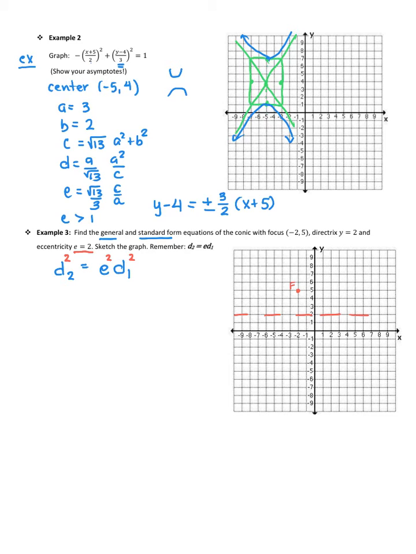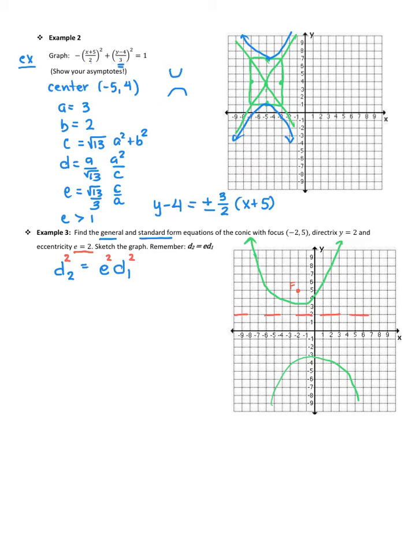Okay, so what we're going to do is draw just a very rough sketch. We have no idea where the actual graph is other than it goes around the vertex like this. Again, this is only one of the vertices, one of the foci, one of the directrix. We know the other one will be somewhere, we have no idea where.